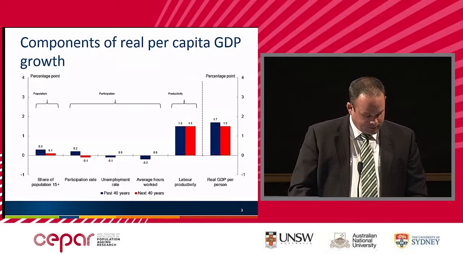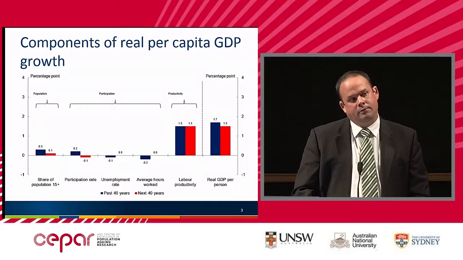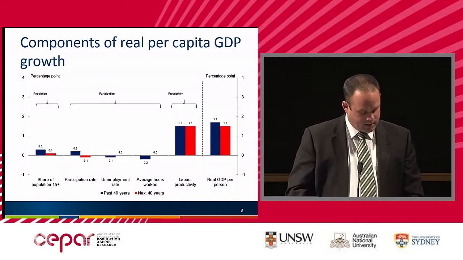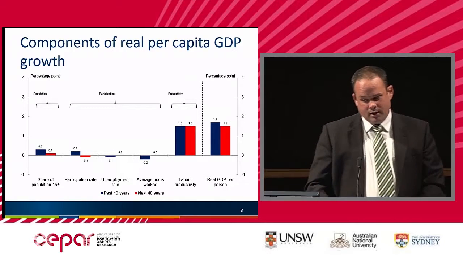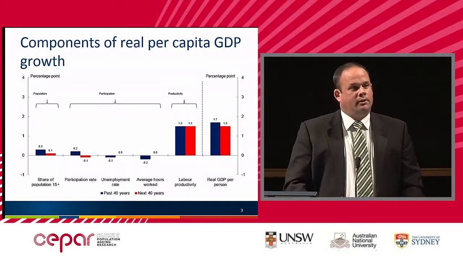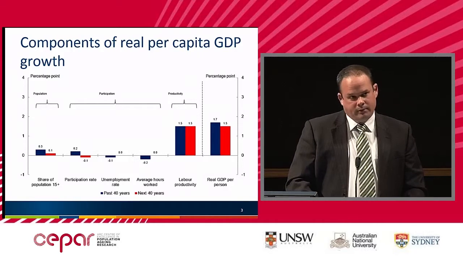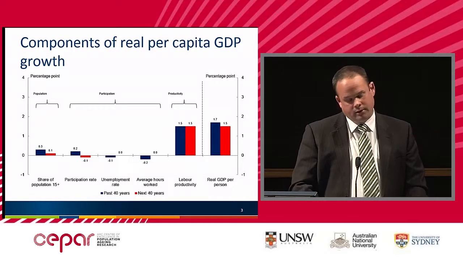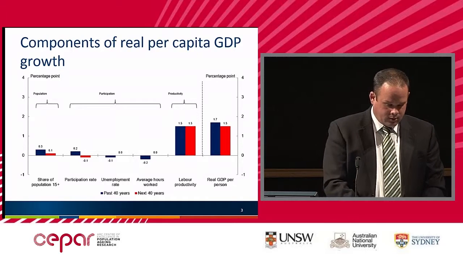What that means is that productivity really becomes the central driver of projected improvements in living standards. And as has been pointed out, the productivity number that's included in the IGR is very much an assumption based on historical experience, and the productivity assumption has actually come down over time through the IGRs and now sits at 1.5% growth per annum.